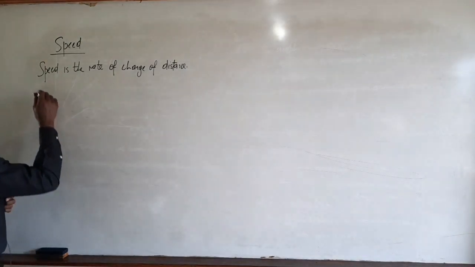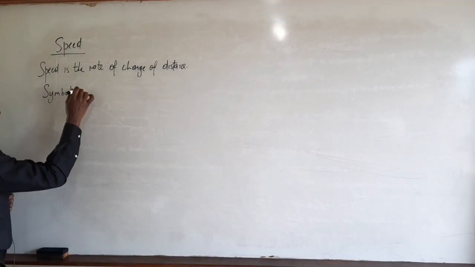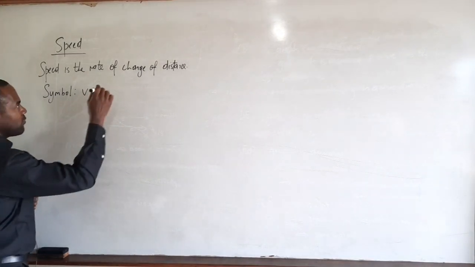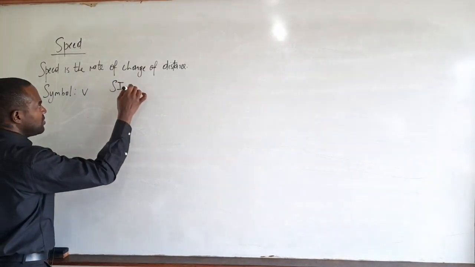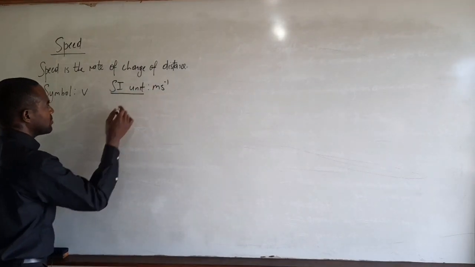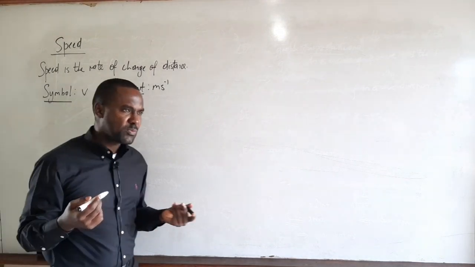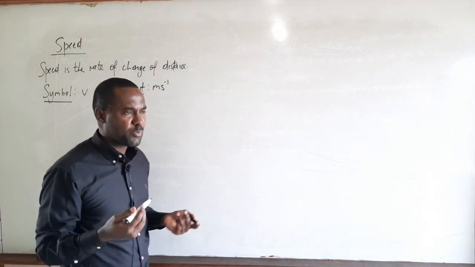The symbol for speed is V, and of course the SI unit of speed is the meter per second. And of course, based on the formula for calculating speed, we'll see why the unit is a meter per second.